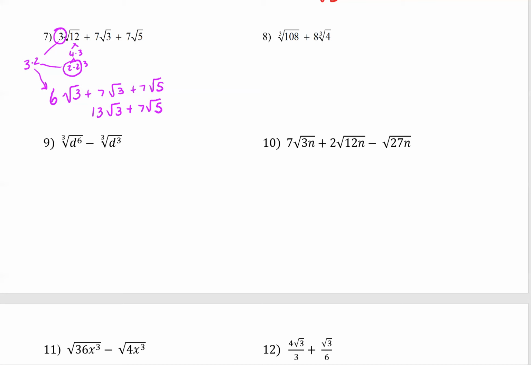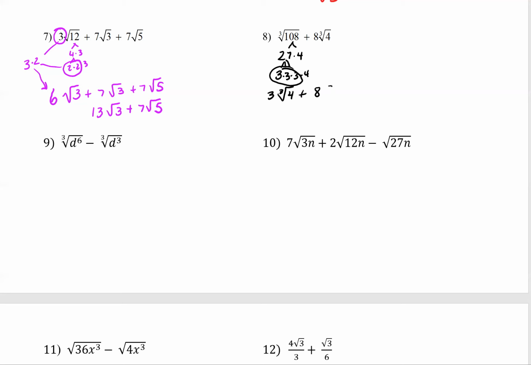Number 8, we need to simplify the cubed root of 108. So I'm going to make my factor tree. So the cubed root of 108 simplifies into 3 cubed root of 4.